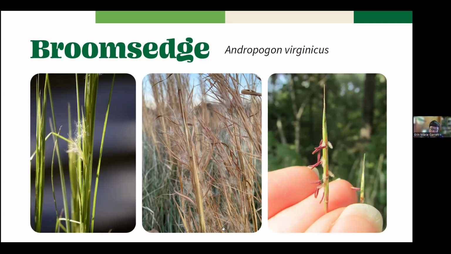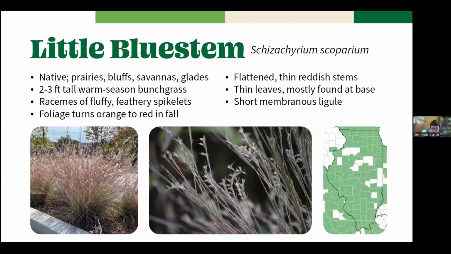Okay, so with this, again, we're going to get that color differentiation here where everything is going to turn that orangey red, pretty much all the different parts of that grass as we get into the fall. So keep that in mind.